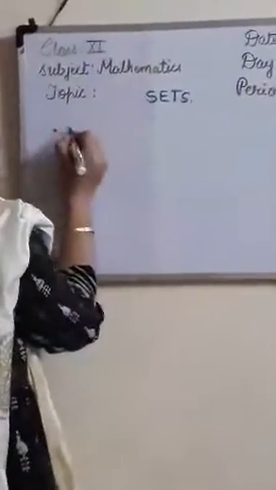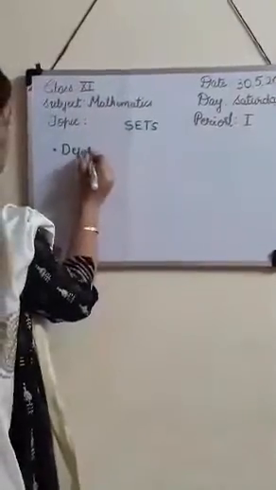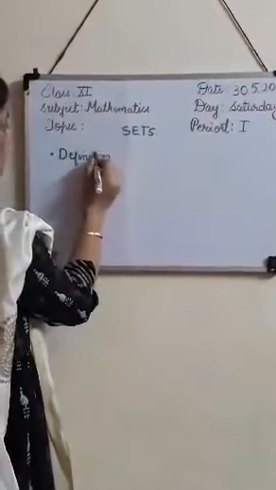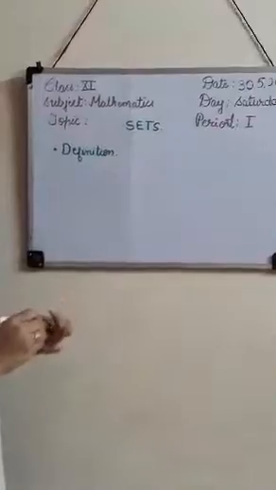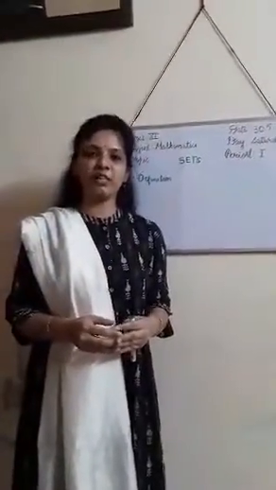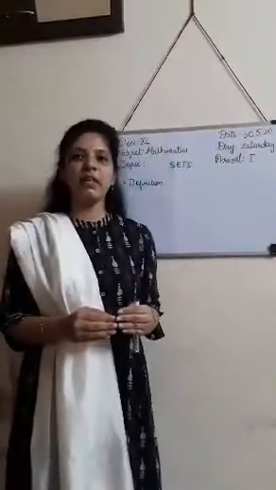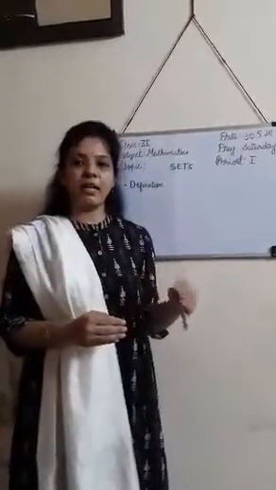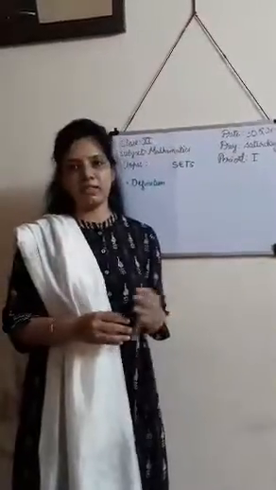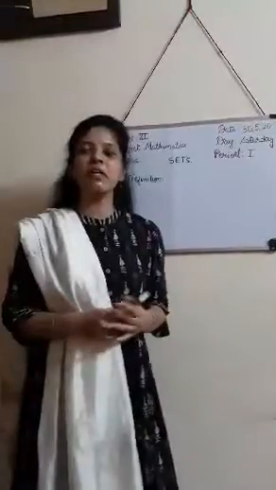A set is a well-defined collection of objects, and objects in the set are called elements, and every element in the set possesses the same characteristics. Take some more examples.